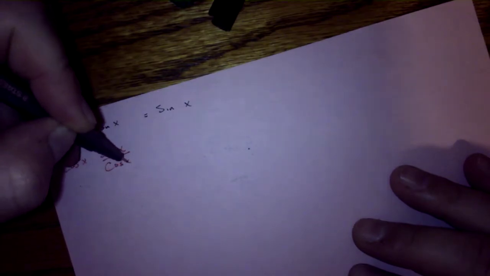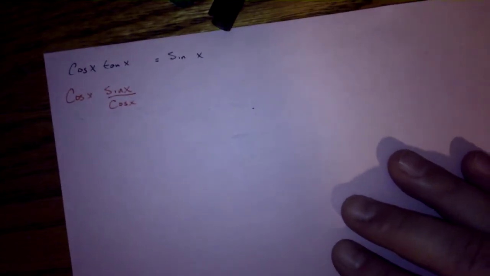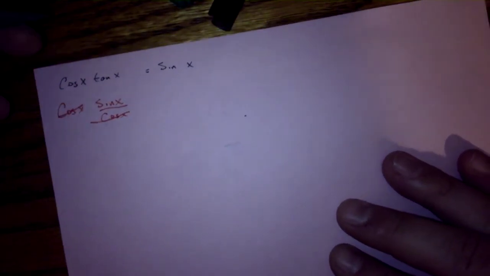I know that tangent is the same thing as sine of x over cosine of x, so I'm going to do that. We'll write this cosine x out first, and I'm going to turn tangent into sine of x over cosine of x. And now guess what? Boom, boom. We're done. That's all there is. I just did problem number 1. Like literally, that's all I had to do.